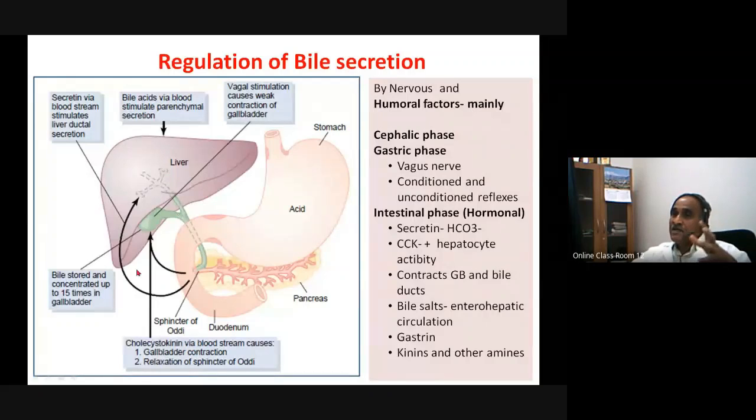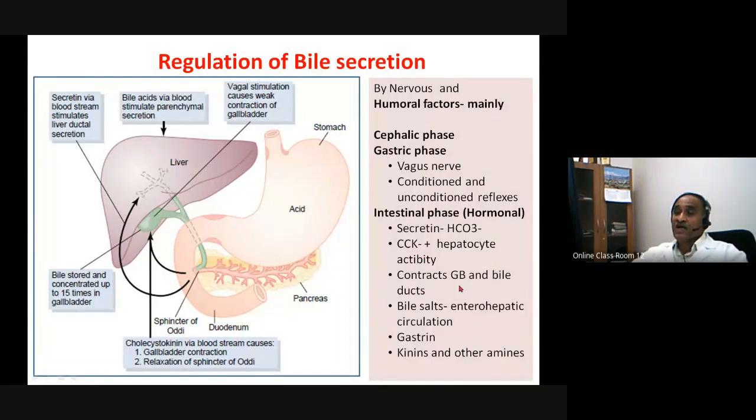Then a second question comes to you. If the gallbladder is removed, what happens to the person? Will he be able to perform fat digestion and absorption properly? Yes, certainly he will be able to do it, but now the duct system becomes more efficient, and the CCK activates the duct system, because the ducts also have myoepithelial cells which are sensitive to the CCK.